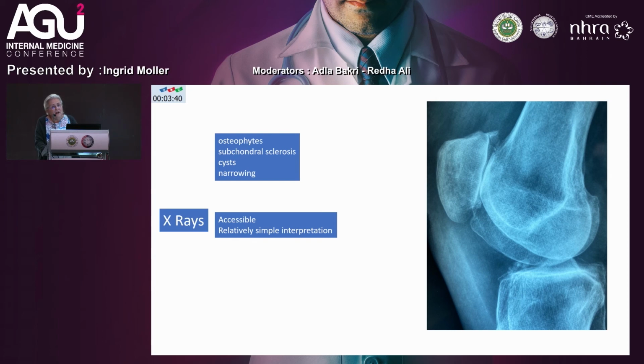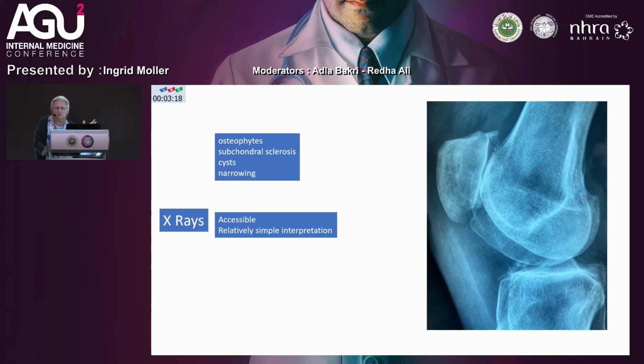Last thing, are X-rays something that we should forget? No, obviously not. X-rays are inexpensive and available, and we can see osteophytes, subchondral sclerosis, cysts, narrowing, and we have a lot of scorings.